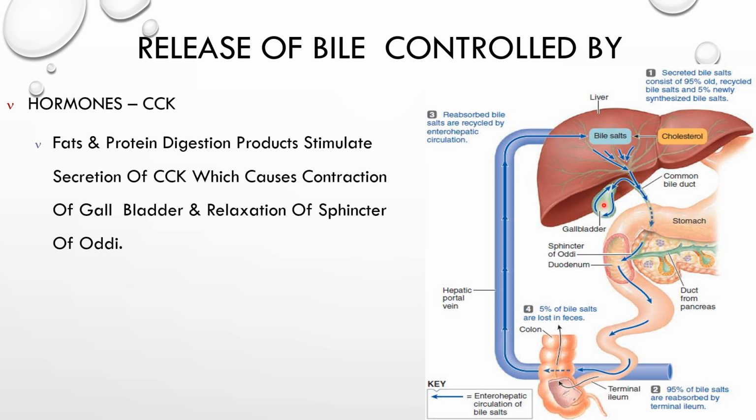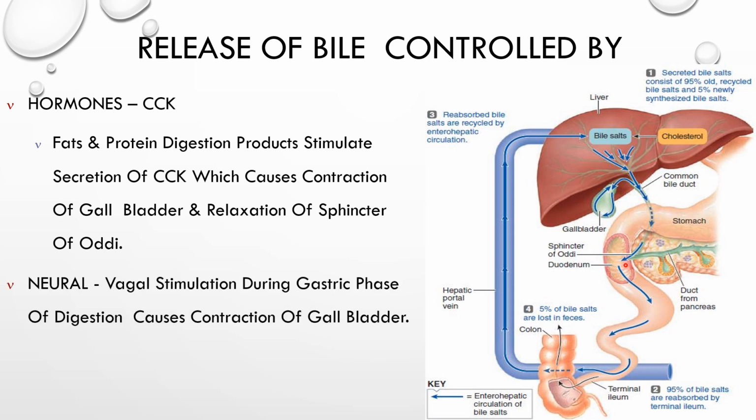So it does two functions, right? Remember, the fat and the protein products cause the release of the cholecystokinin, and the cholecystokinin causes the contraction of the gallbladder and relaxation of the sphincter of Oddi.